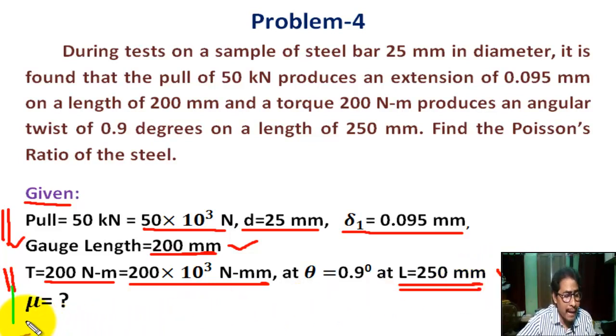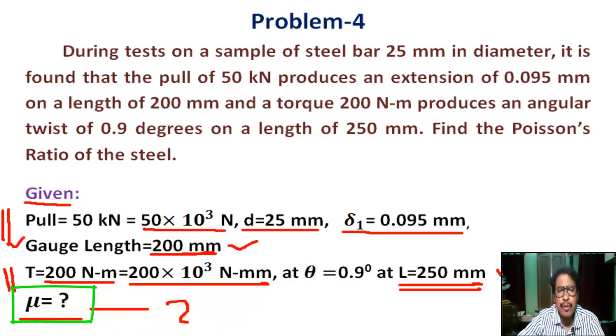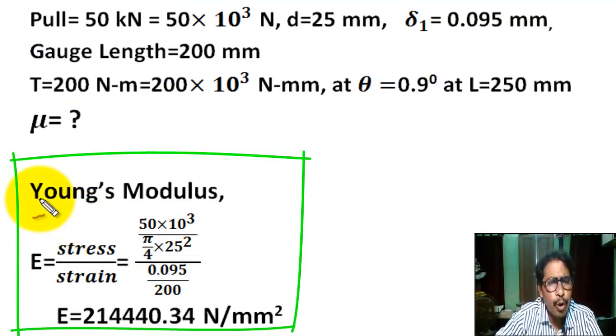Now we find out mu. Mu means Poisson's ratio of the steel bar. Okay. We know Young modulus E is the ratio of tensile stress by tensile strain.